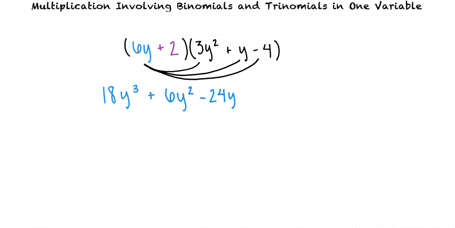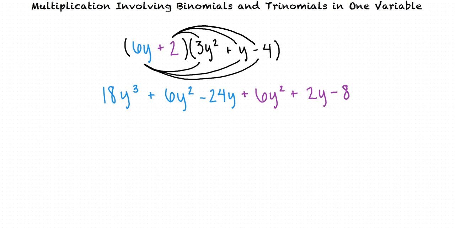Next, we multiply 2 by 3y squared, which results in 6y squared. Now we multiply 2 times y, which equals 2y. And lastly, we multiply 2 times negative 4, which results in negative 8.